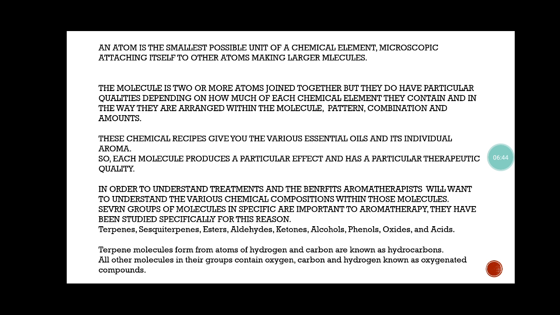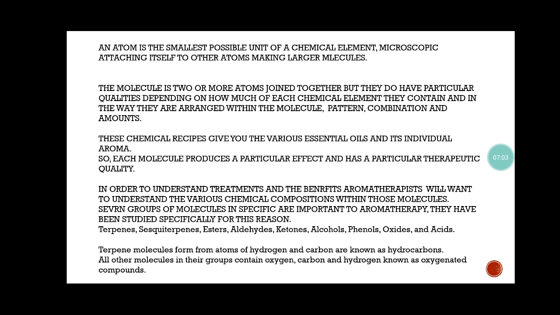So I split them up into 7 groups because those 7 groups have been studied a lot, and Tisserand has a lot in his book where they have been studied and the differences that they make.